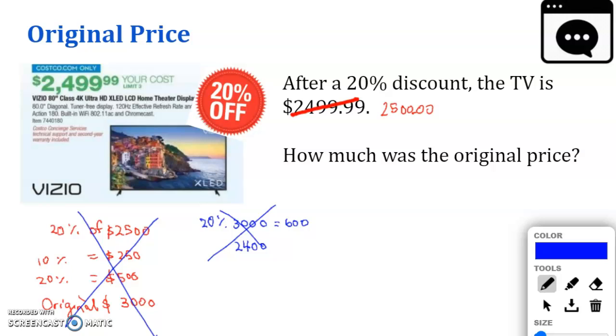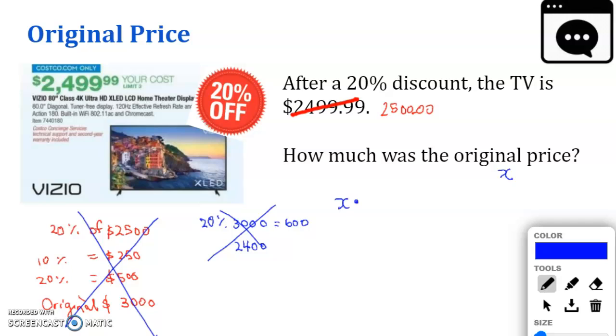Well, this is actually a similar problem to the fish and the frappuccino problem. After taking a 20% discount, let's just call the original price X. When you take a 20% discount, that means from 100%, it's going down by 20%. What's 100 minus 20?